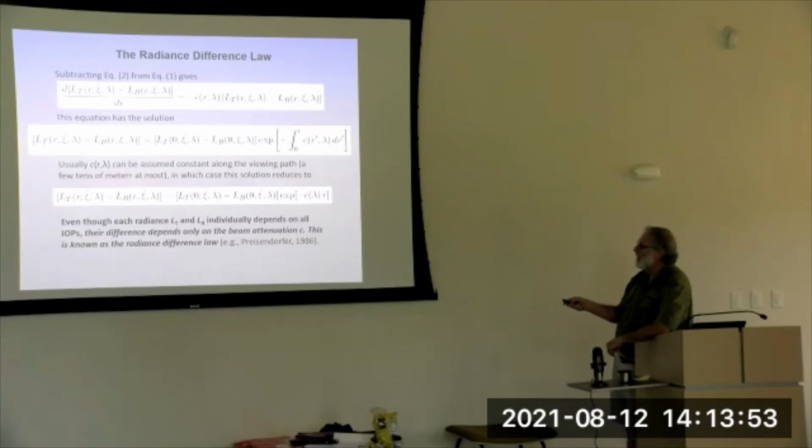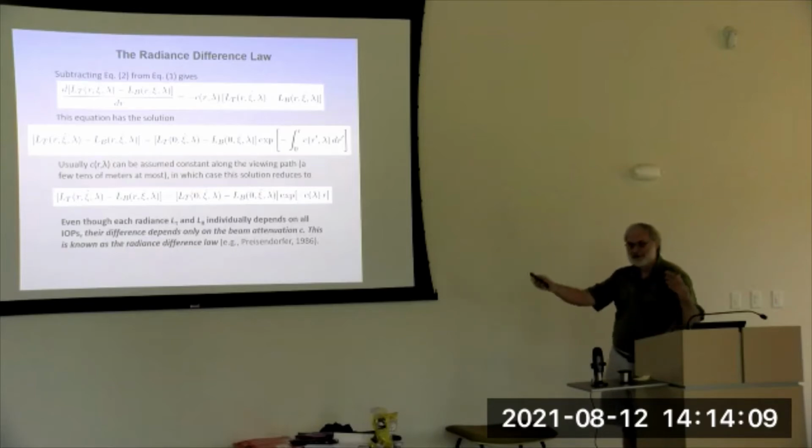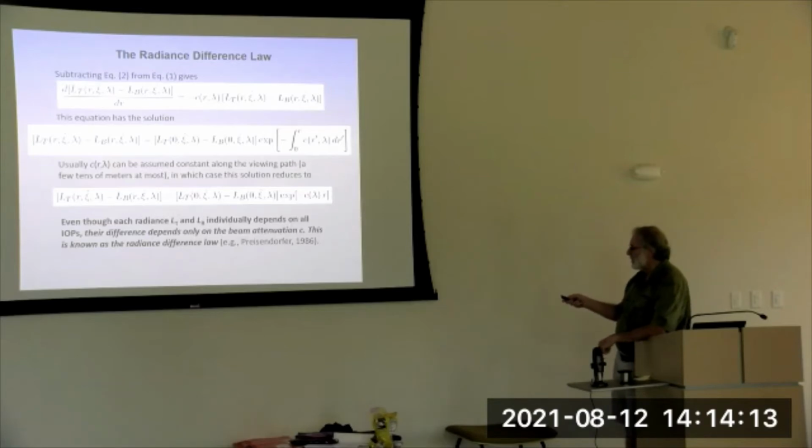The solution for the difference in the target and the background at some distance R is the difference when you're up close times e to the minus the integral of beam c over the distance R. And you usually assume the water is homogeneous, so beam c is constant, and this just becomes e to the minus cR.